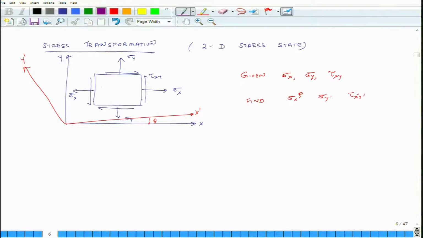So, suppose instead of this block I had the same block, but I cut it in a different direction, and this is my x direction. So, this is sigma x, this is sigma x prime, sigma y prime, and this is tau x prime y prime.